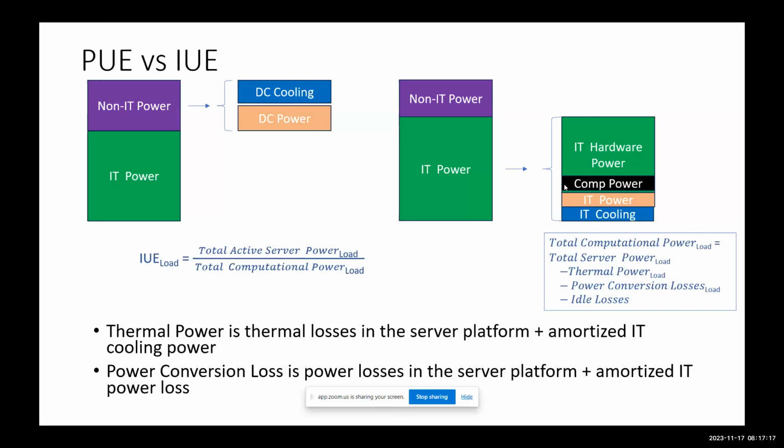So the idle losses. In a heterogeneous system, what does it mean to say idle? Idle for a server system is anything less than 10%. If your CPU utilization is pegged at less than 10%, it's considered idle.